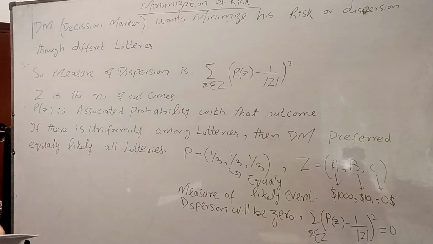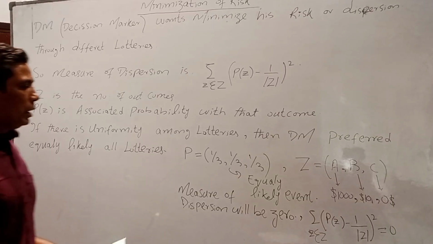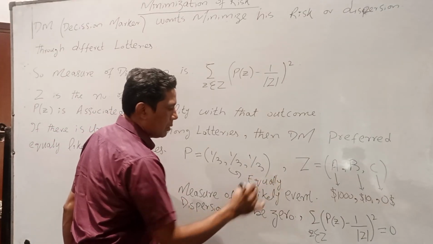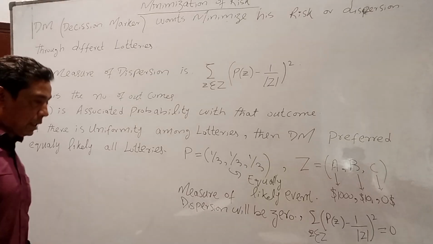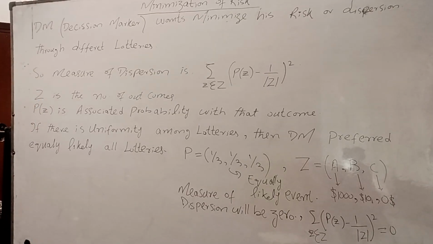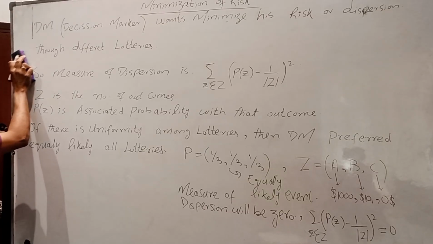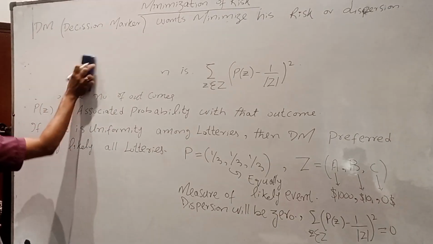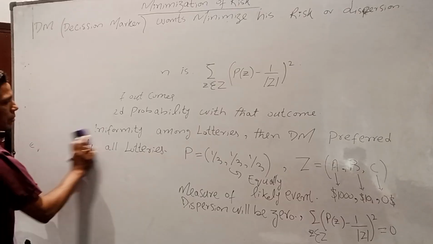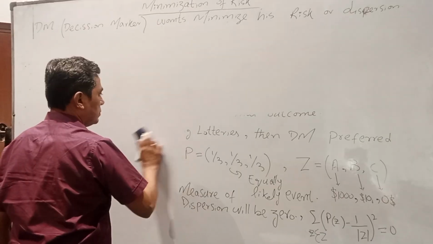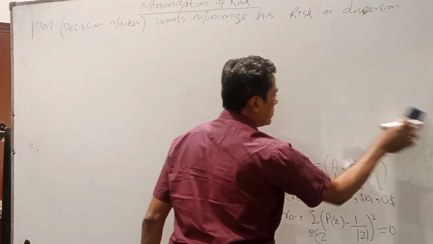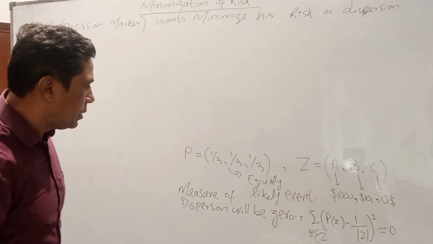Now, in case of equally likely events, and for example, you have other forms of lotteries as well. Let's take another example.